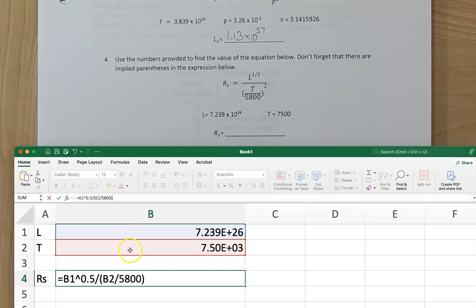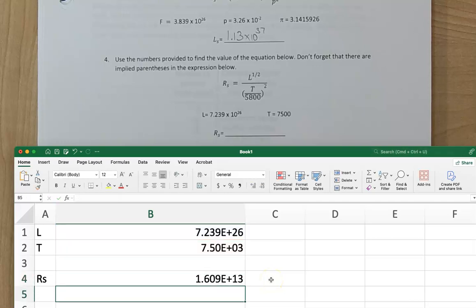My mistake. So T divided by 5,800, and then I'm going to raise that to the second power. That should be everything. And then the spreadsheet says 1.609 times 10 to the 13th.